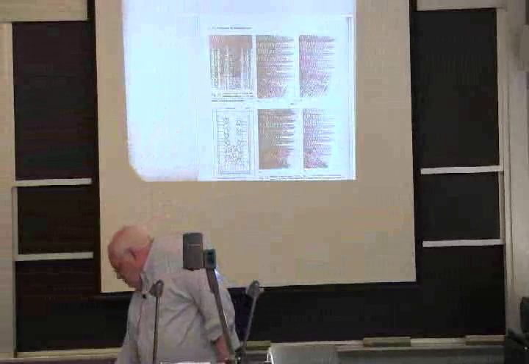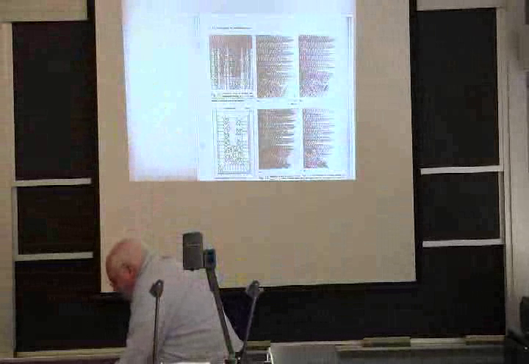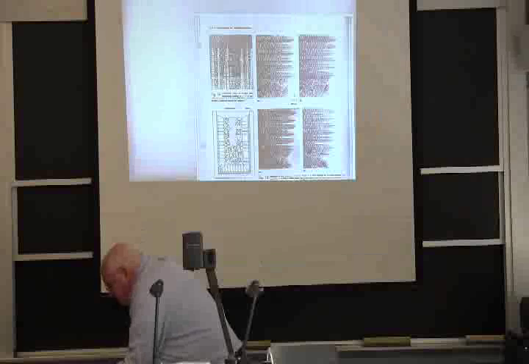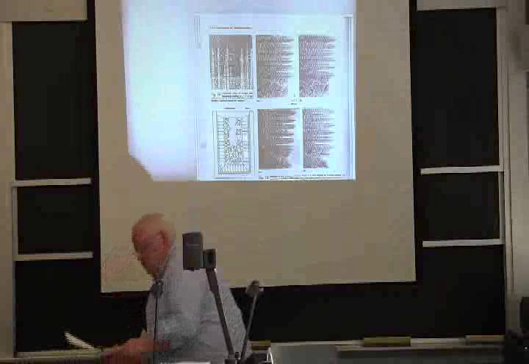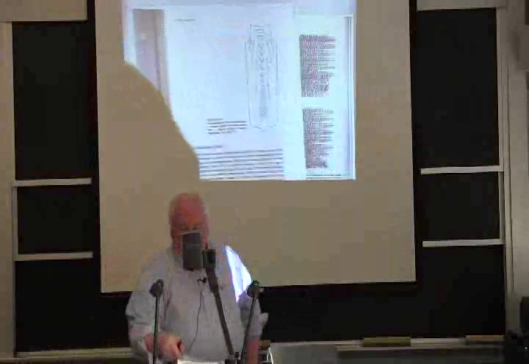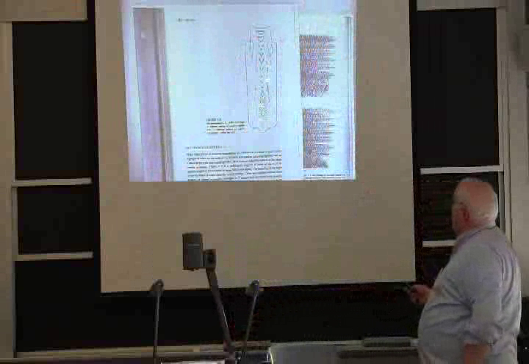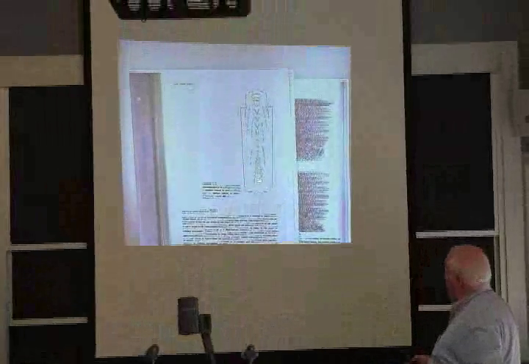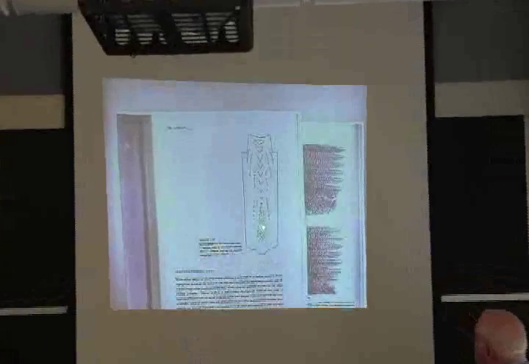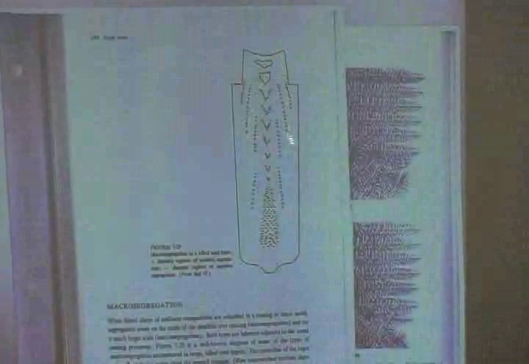If I look, I should have some pictures of some macro, here we go. Macro segregation. This is an ingot showing macro segregation. In this case they show it as pluses and minuses. Minus, my alloying element is deficient down here, it's enriched up in here. This is called A segregation.